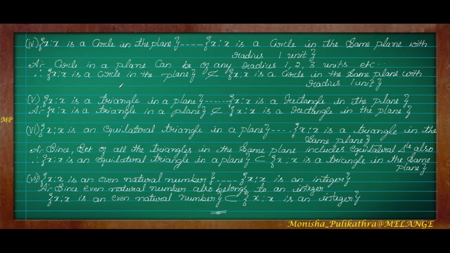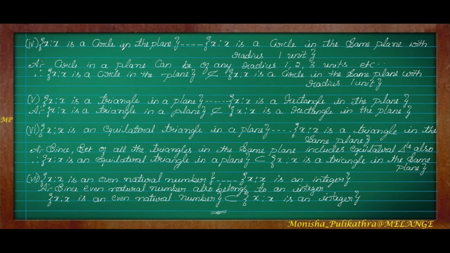Moving on to the fourth sub question. X is a circle in the plane, and the other set is X is a circle in the same plane with radius 1 unit. This is also a circle and this is also a circle, but the difference is that X is a circle in a plane means the circle can be of any radius.